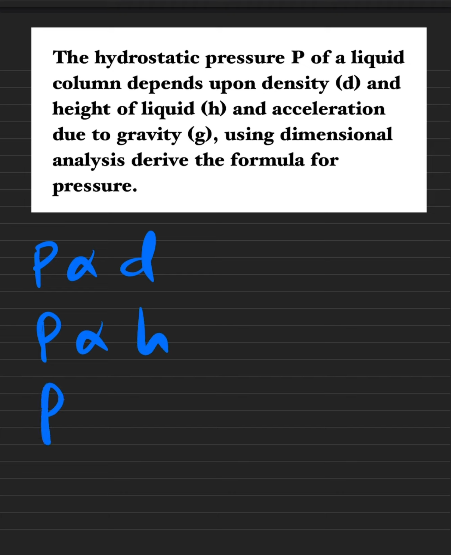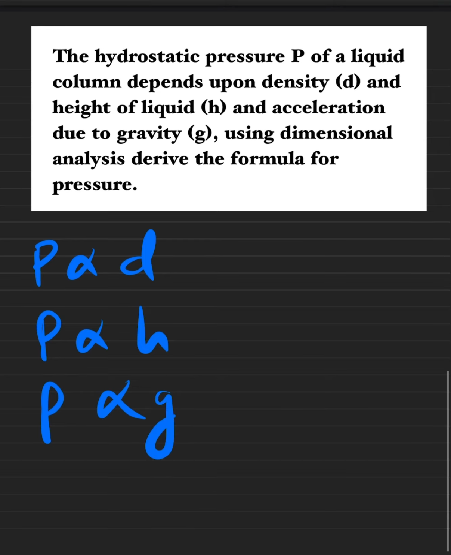The same P is directly proportional to the gravity, right? To acceleration due to gravity. So if you look at these 3 things, you don't bother yourself because you feel like, oh, how do I know if this is directly proportional? Why is it not inversely proportional, like indirect proportionality?